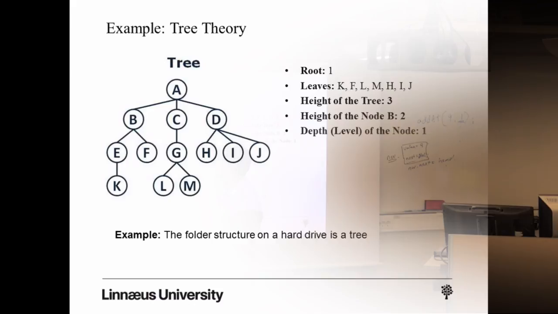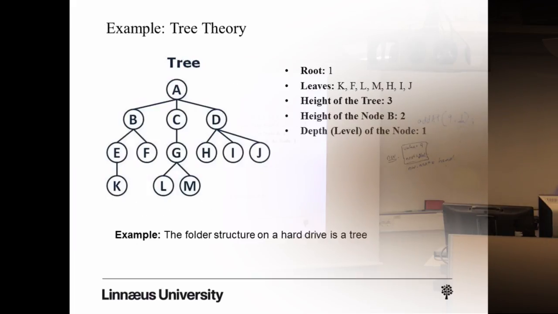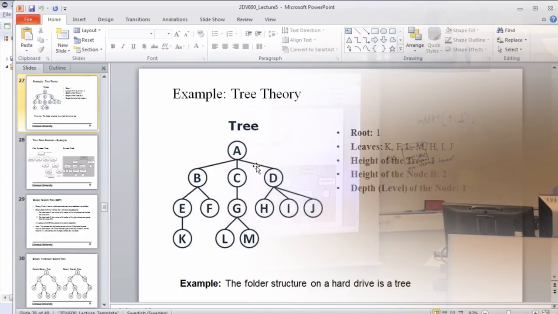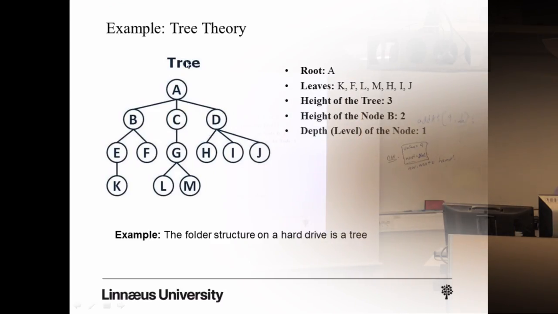All these other nodes are the descendants of the root node A. If you look at this example, this should be root A. The root of this tree is A, and the leaves are the nodes at the bottom, K, F, L, M, and H, I, and J, because these are without children.